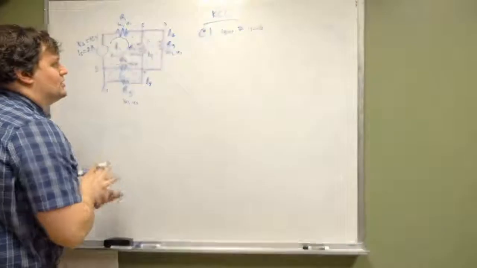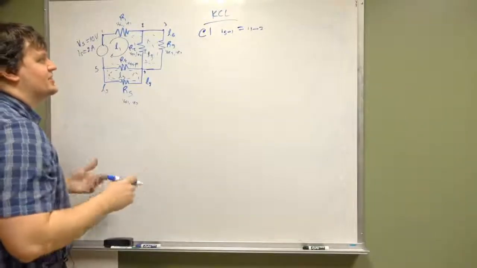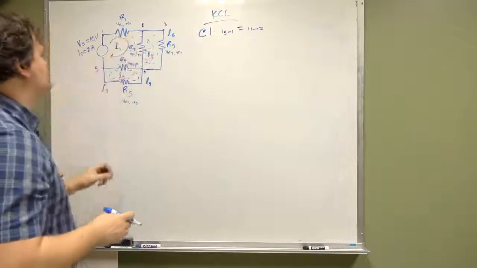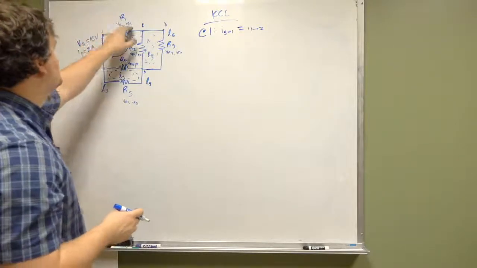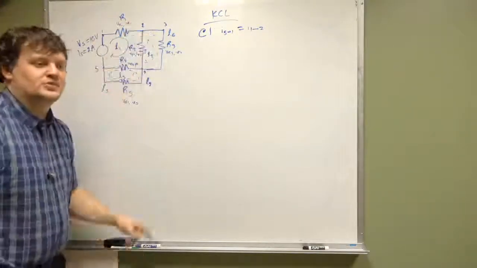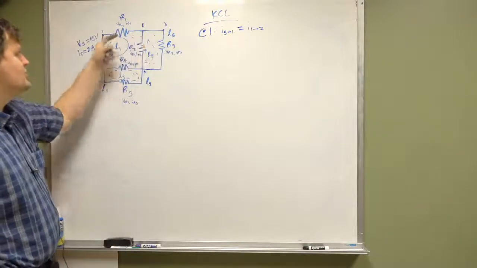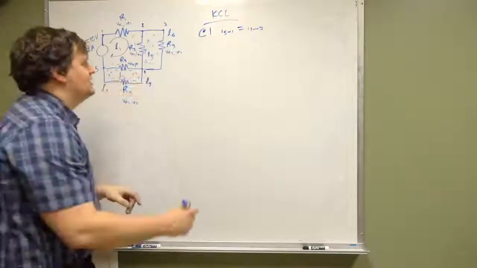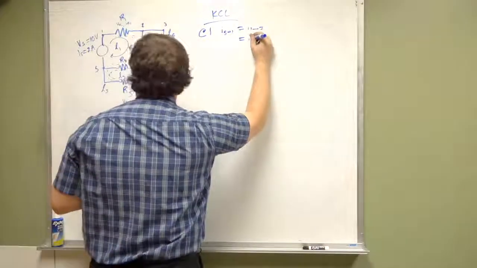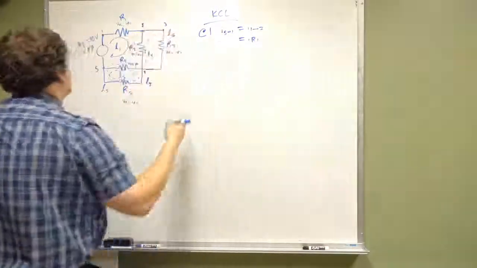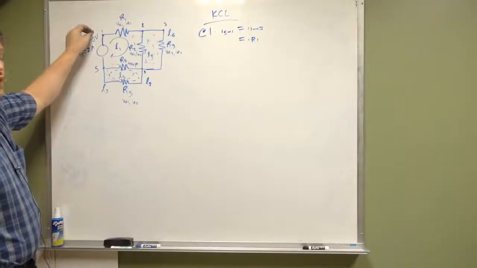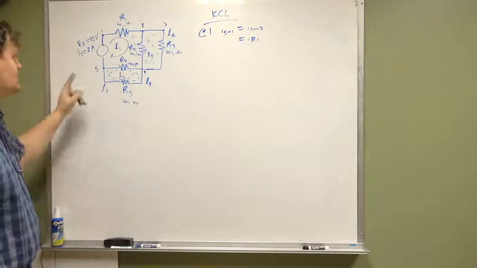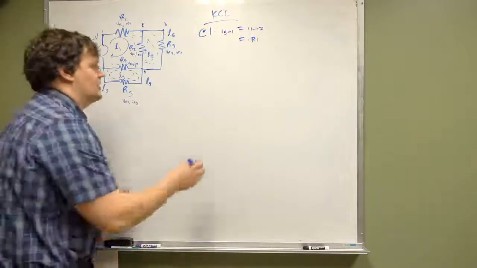It's a little bit of a confusing way to do it, but I know the current going from 1 to 2 is equal to the current going through R1, right? Because current coming from here and going through here has to go through R1, which means that is IR1. Now the current going from 5 to 1 is IS, and that's a positive value because that's the direction the current is going.